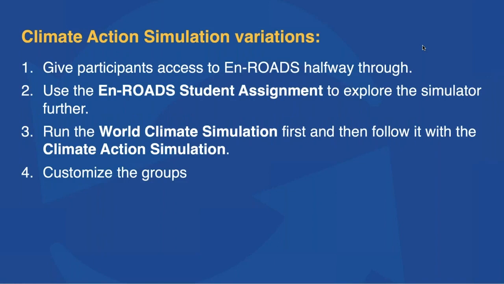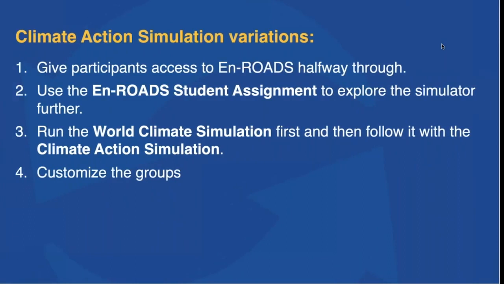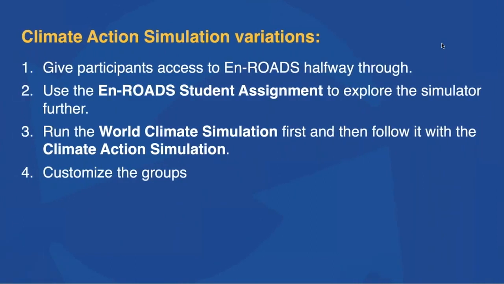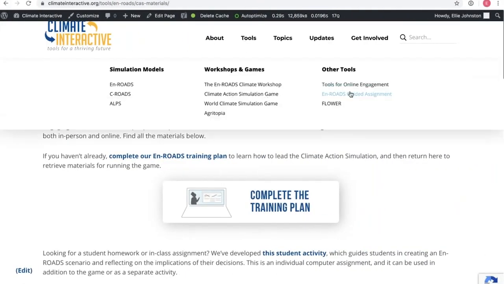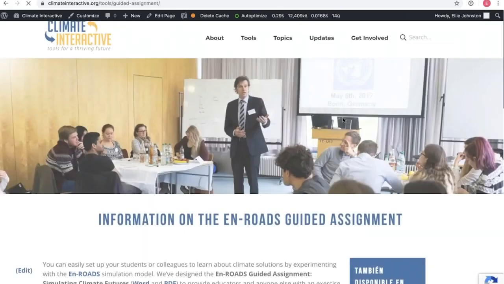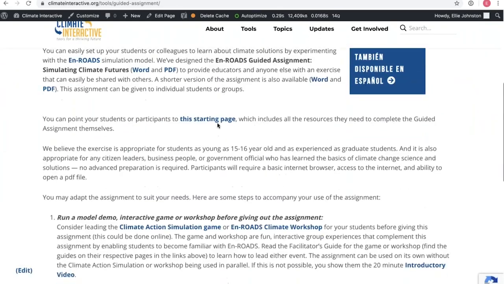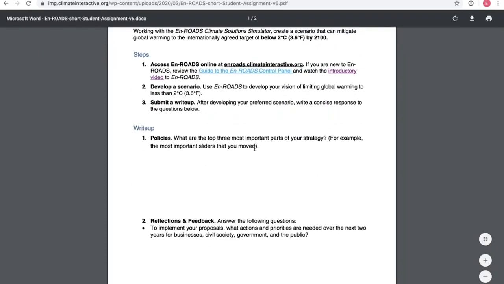There's the En-ROADS student assignment. The En-ROADS guided assignment is a resource that you can use particularly as a follow-up to the climate action simulation. So maybe you run the climate action simulation, you don't get a scenario towards 2 degrees, you could point your students to the En-ROADS guided assignment, and they could explore this as a way of creating their own scenario.